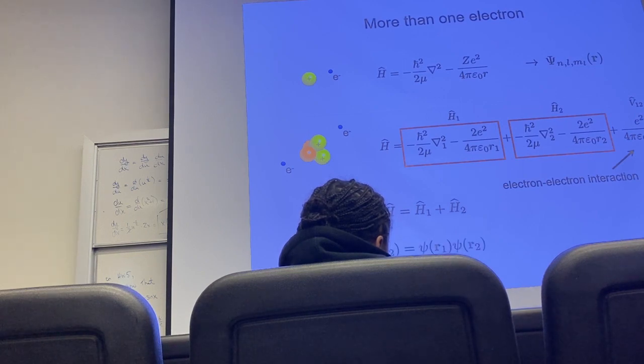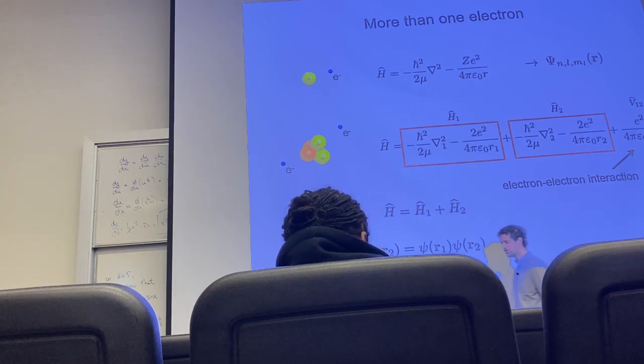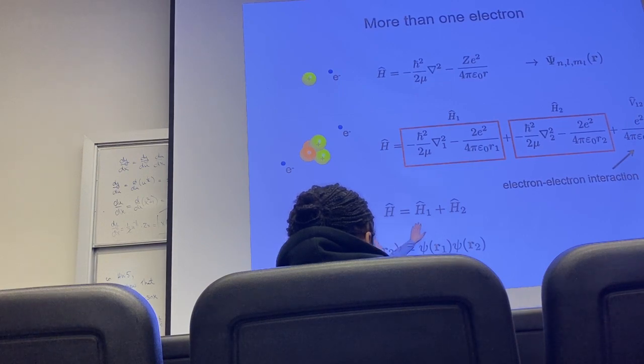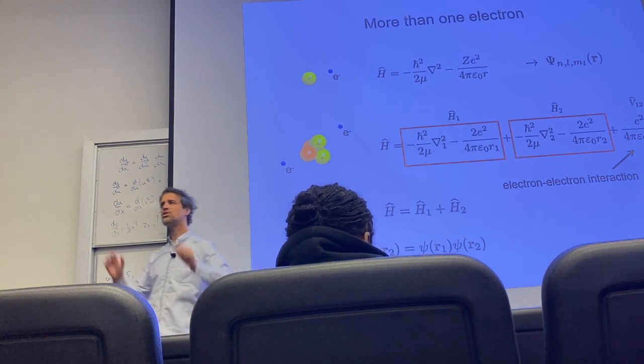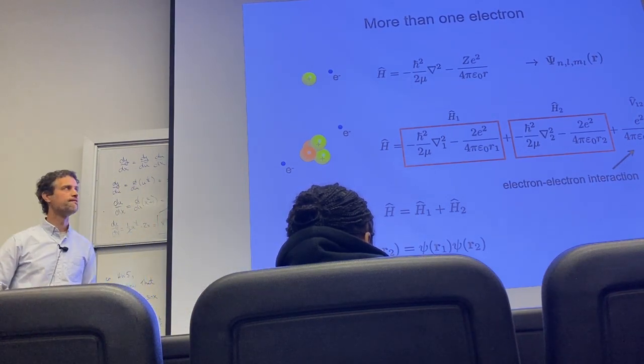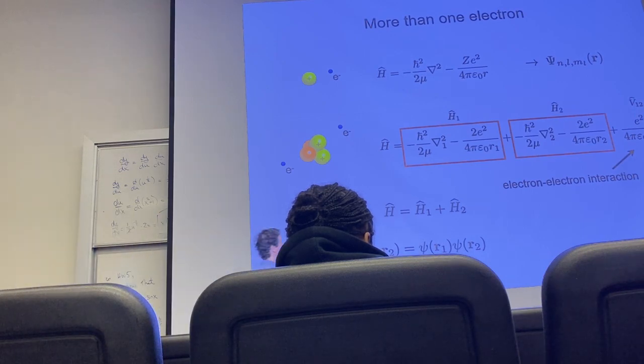And in order to solve this problem, I'm going to use this general strategy. I think we've seen it before, but this is a general strategy. If your Hamiltonian is basically having 2 ingredients for 2 different particles, because H1 has nothing to do with H2.